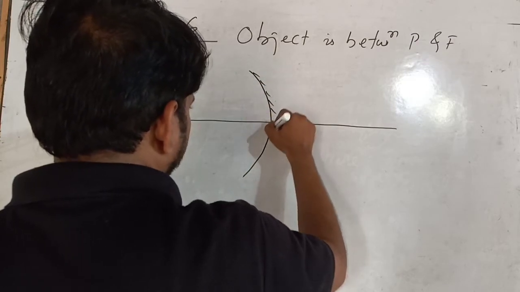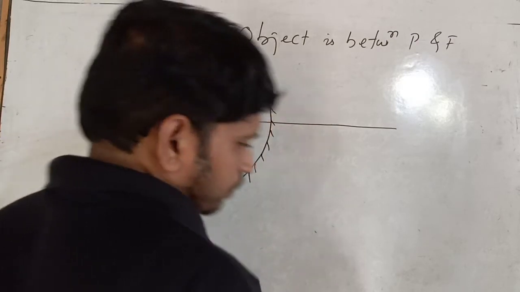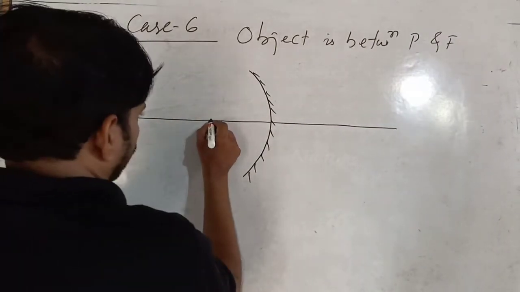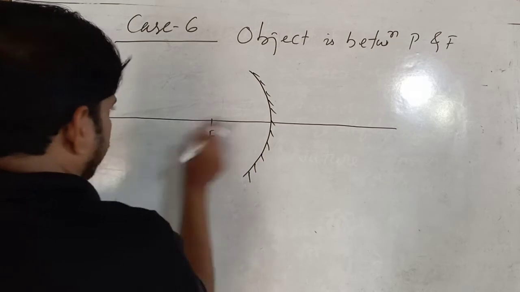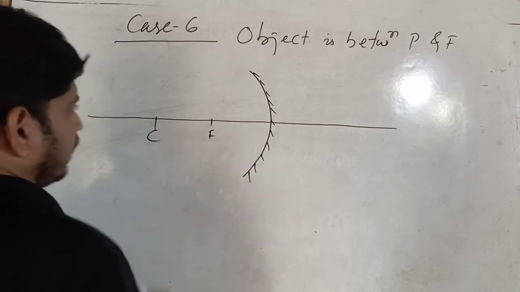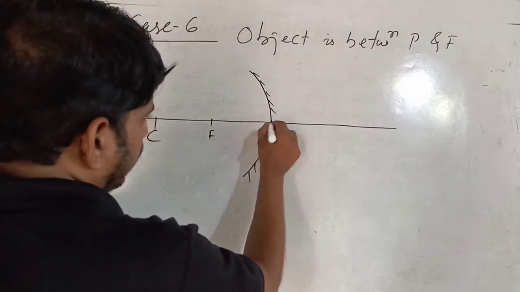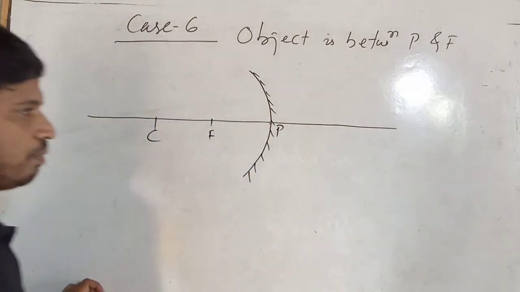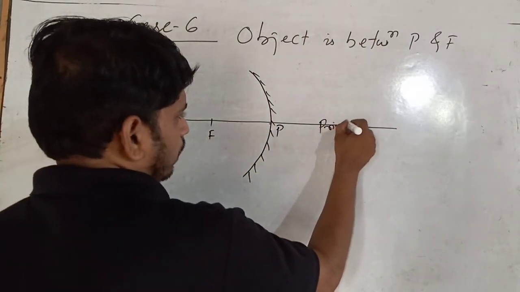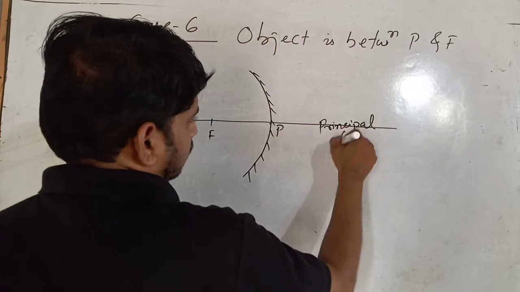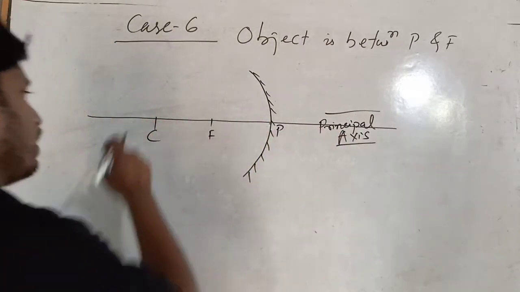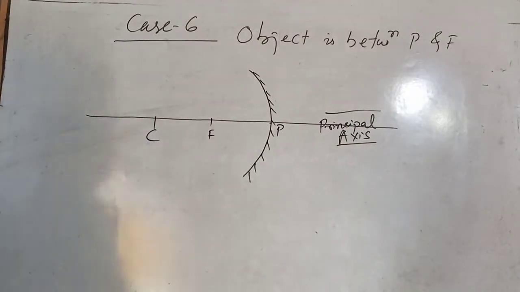This is the non-reflecting surface. So somewhere here, let's take F, and then at equal length again we can write C, and this is P. This point is called P, the center of the mirror, and this is, as you know, the principal axis, an imaginary line that passes through the pole and center of curvature of a concave or convex mirror.